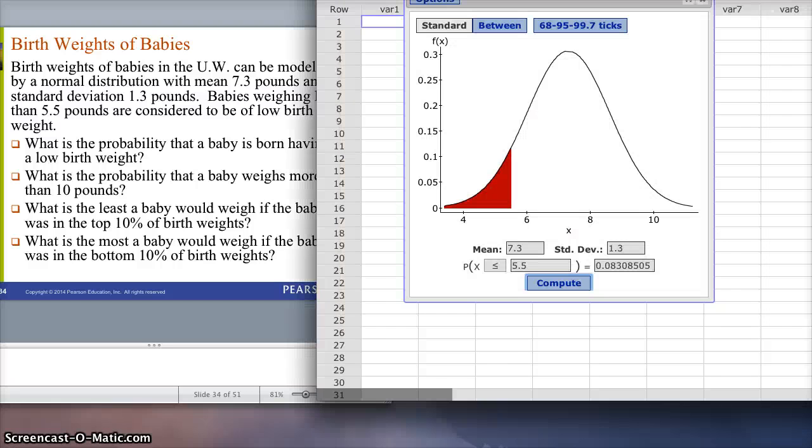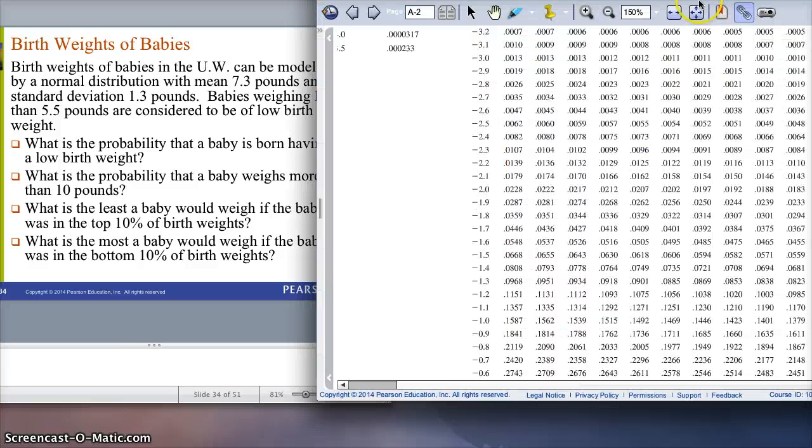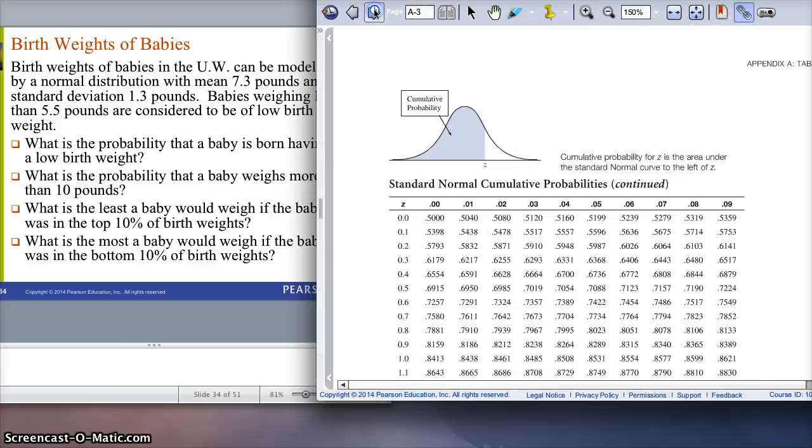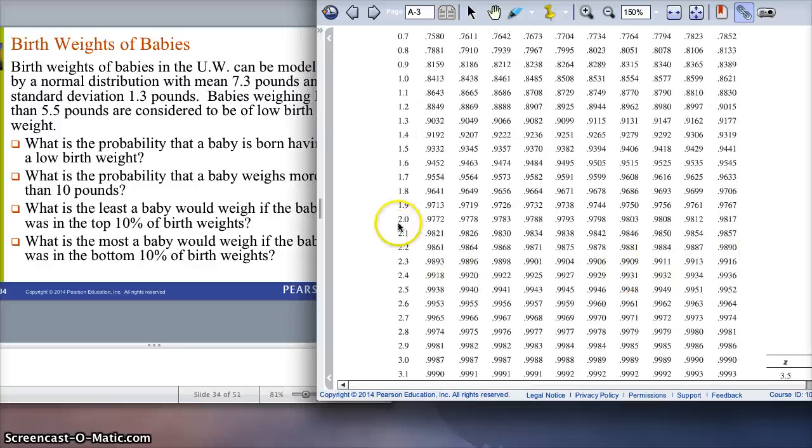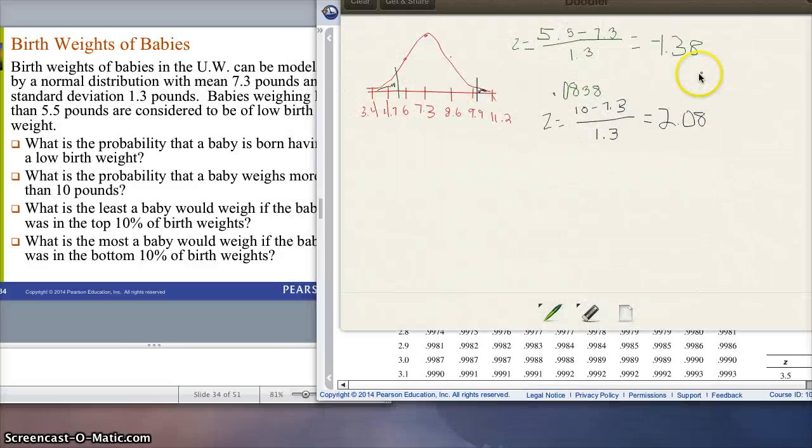So we'll come over here to my table, and we're looking up 2.08. In 2.0, the last column is 9, so it's 0.9812. Now remember we shaded the right side, and the table always tells me the part to the left.